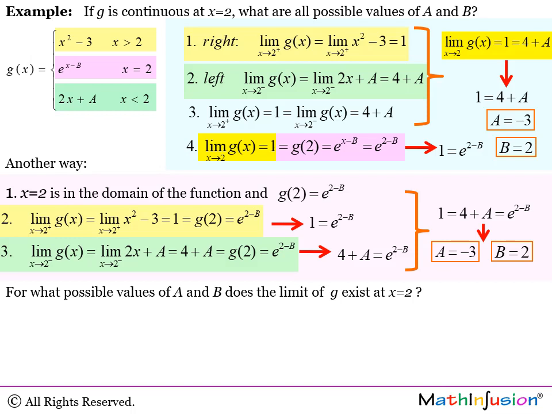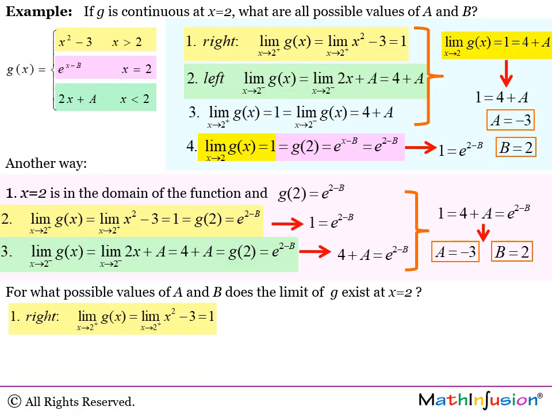Now, I'm going to ask you a really tricky question. For what possible values of a and b does the limit of g exist at x equals 2? Now we really want to focus on the one above, because the one above is 1, 2, 3, 4, when 1, 2, 3 is exactly the limit.